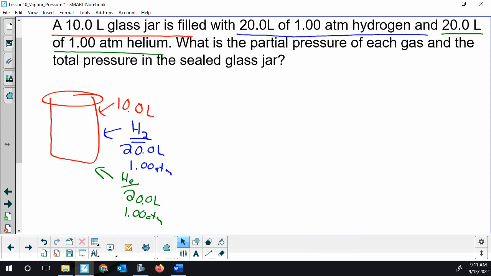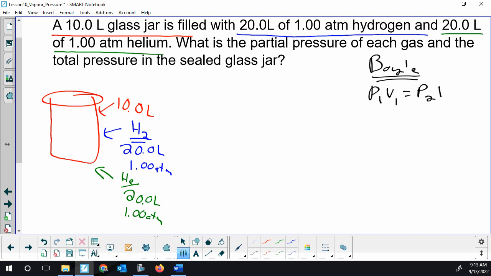So I've tried to take all of our information and organize it visually. A 20-liter container, and we're putting in a blue color-coded gas and a green one. Just a reminder of Boyle's relationship, P1 V1 equals P2 V2, and we can use this.